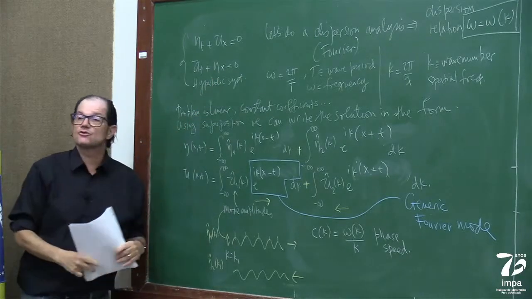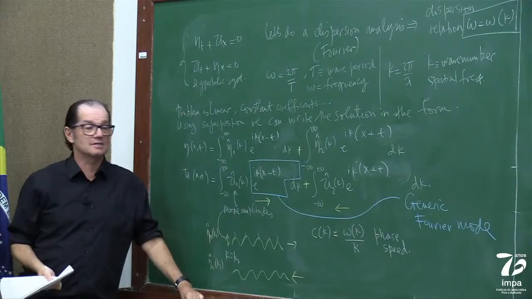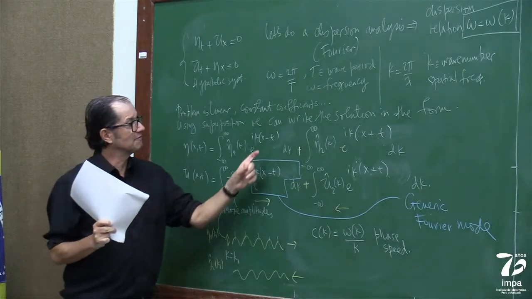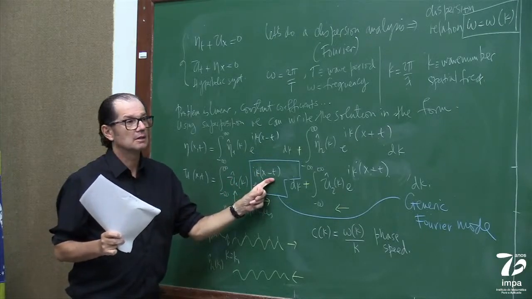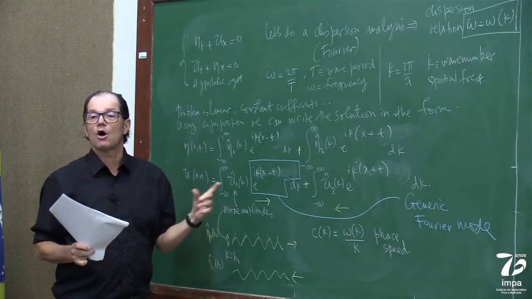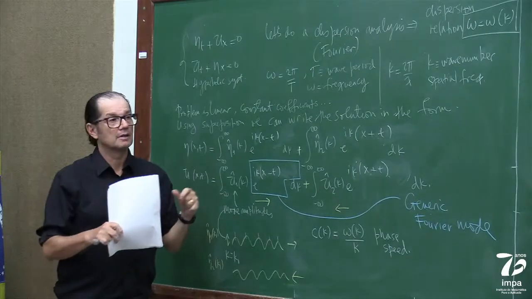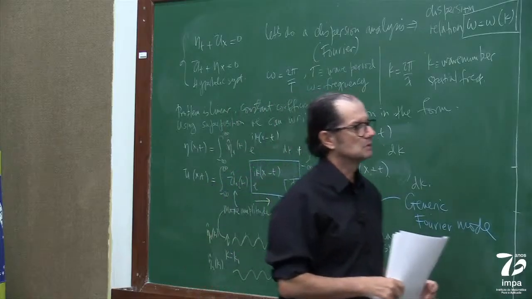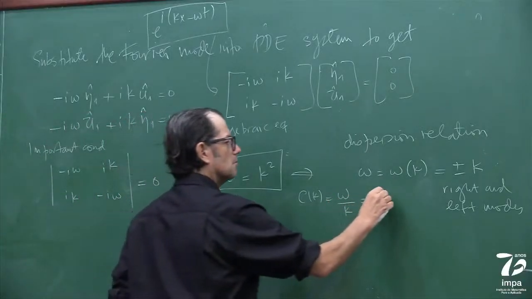And now I'm in a position to define to you what is a dispersive system. Note that in the hyperbolic system, the phase speed is independent of the Fourier frequency, or the spatial frequency. Look at here, plus or minus 1.